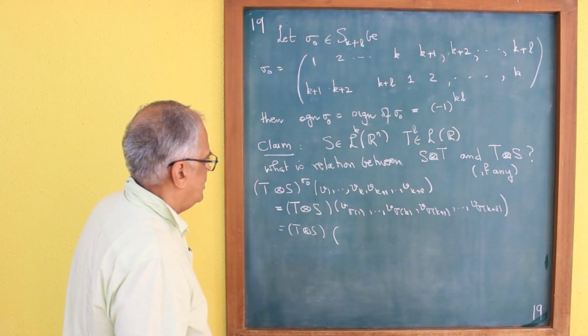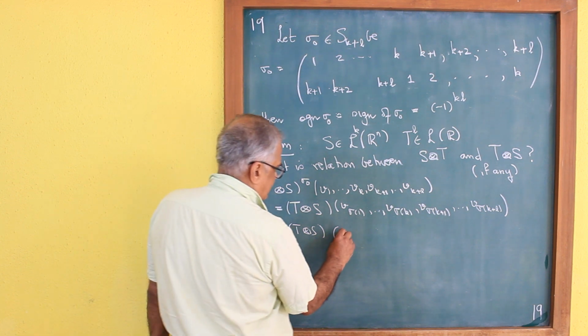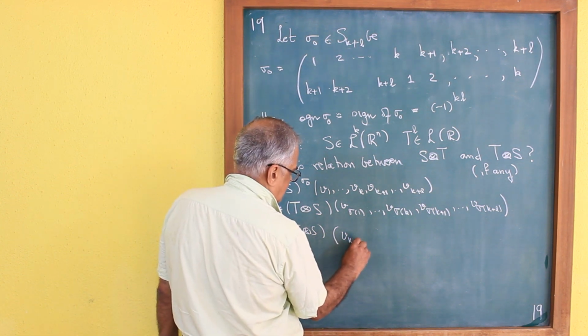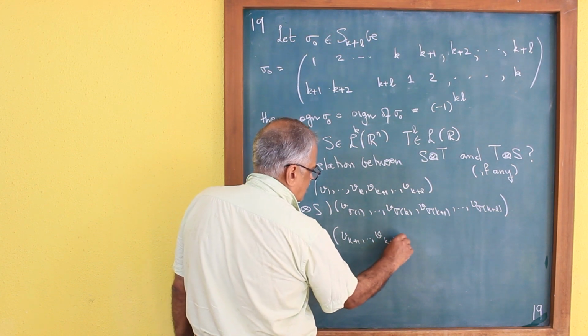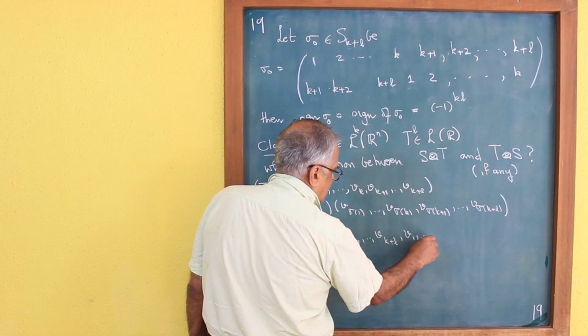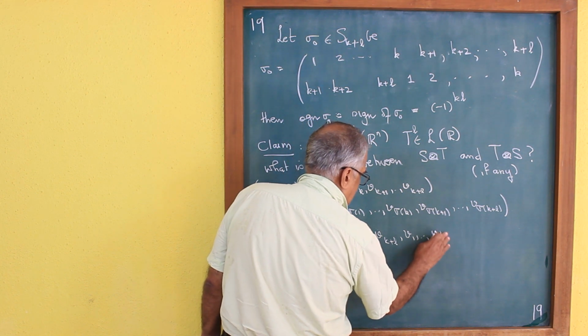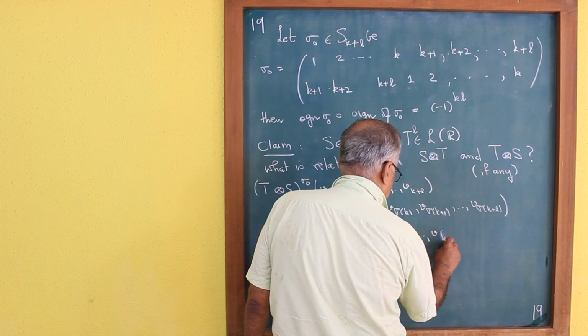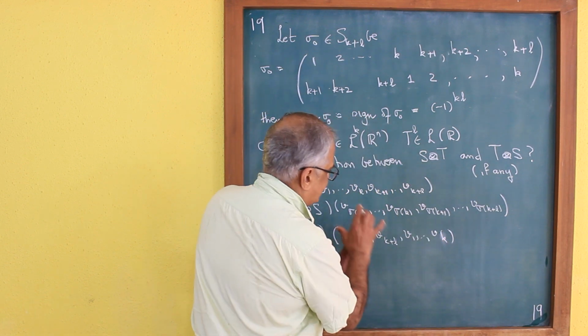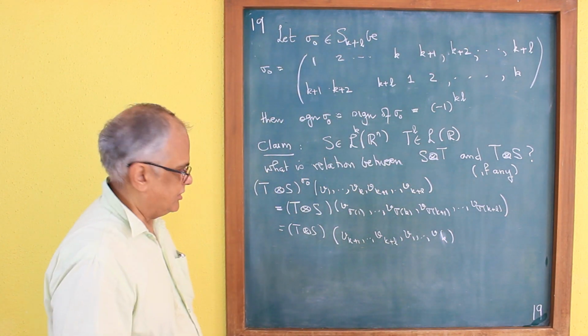Sigma 1 is k plus 1. It is interchanging these two blocks is what sigma does.